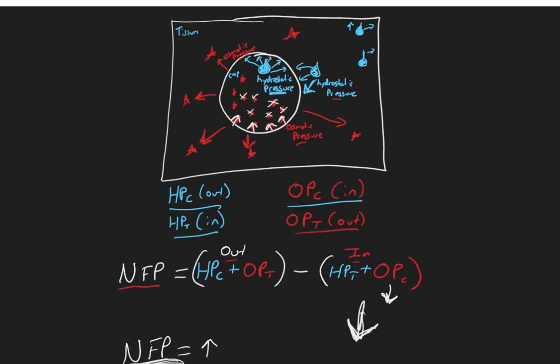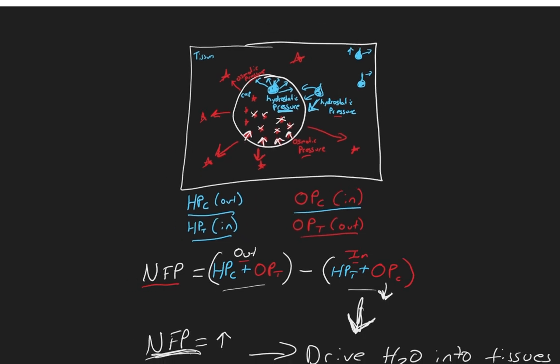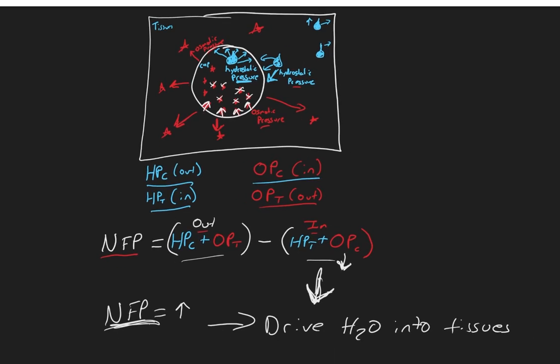And this net filtration pressure, out minus in, if it goes up, that's going to drive water into the tissues. So we have more water in the tissues, and that's going to lead to something like edema, water sort of pooling in the tissues.